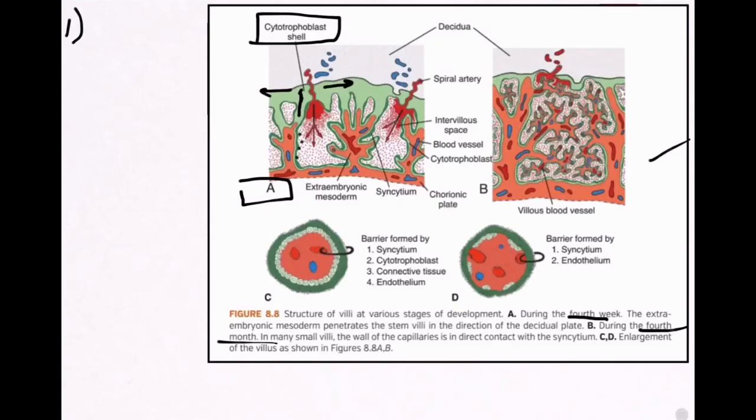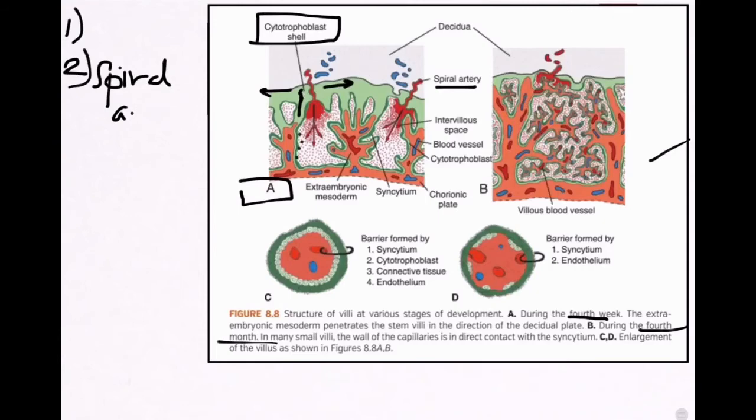Okay. Now, the second change that takes place is the development of what is known as spiral arteries, spiral vessels essentially. That's basically a maternal vessel that has a slight spiral appearance, and a very interesting thing that happens over here is that the cytotrophoblast erodes into these maternal vessels and forms a new hybrid kind of a vessel.